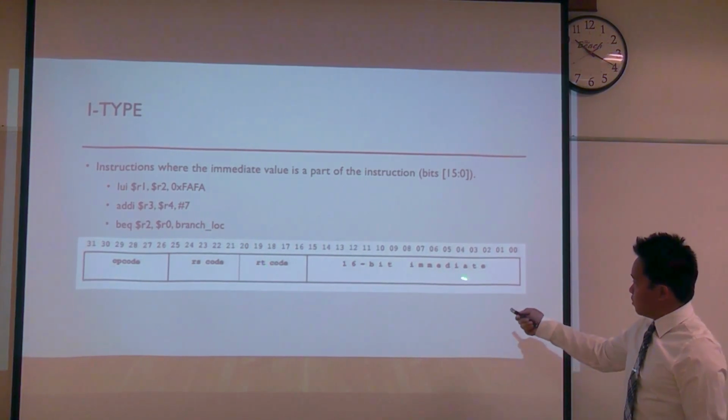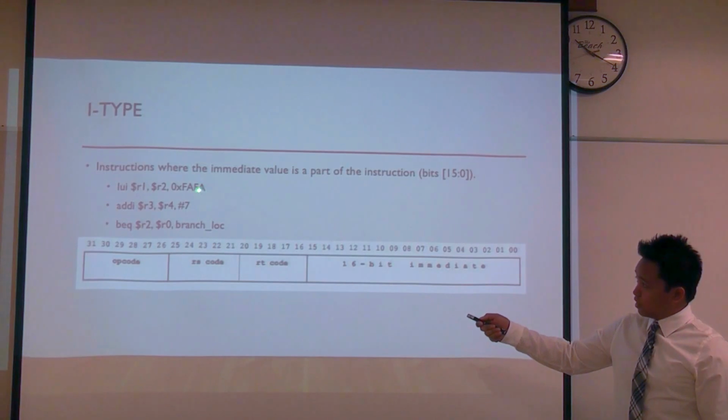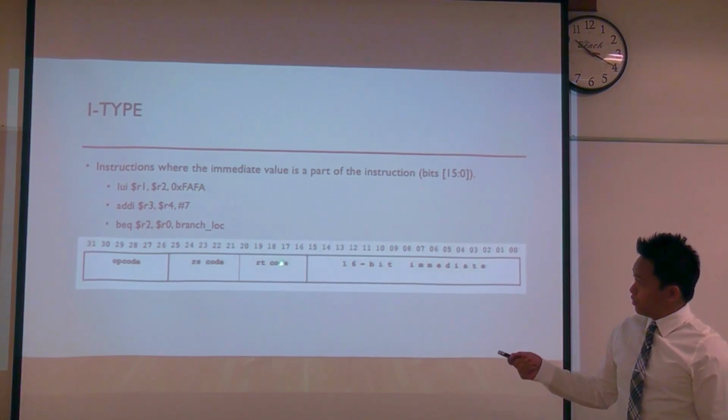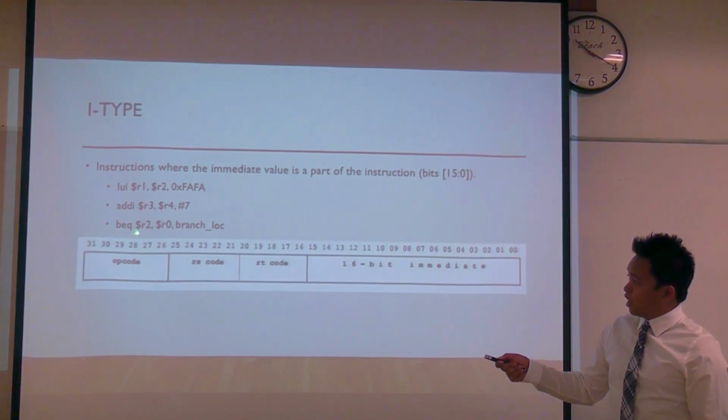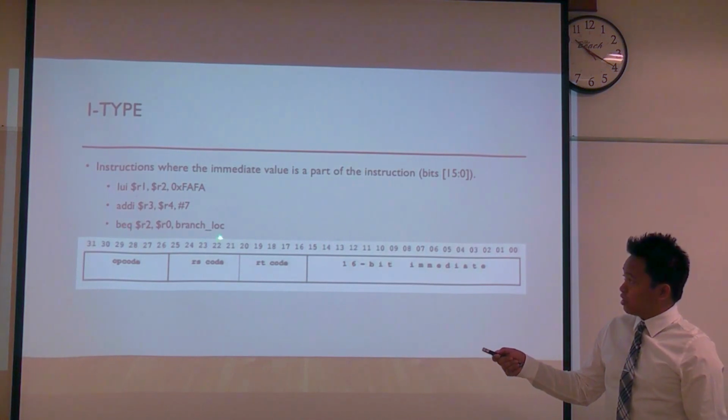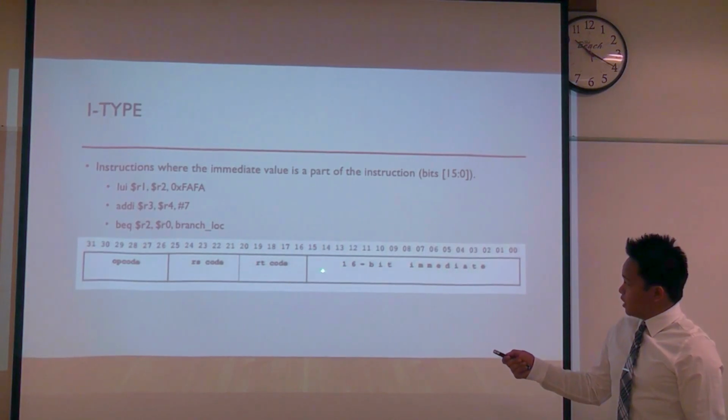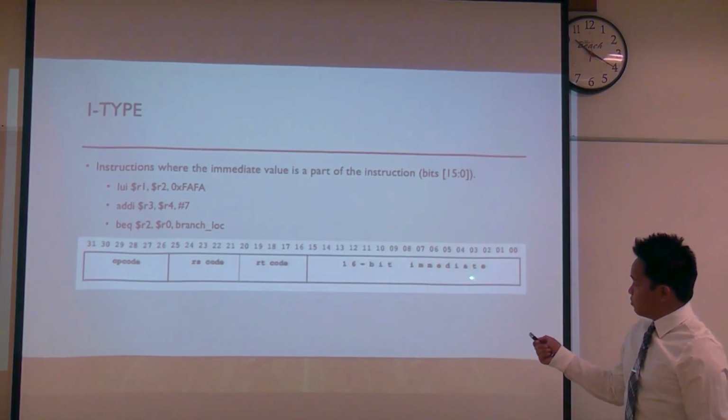And the 16-bit immediate for the load upper immediate instruction is FA. Now, these I-type instruction formats also contain the branching instructions, where the branching location is within the 16-bit immediate value.